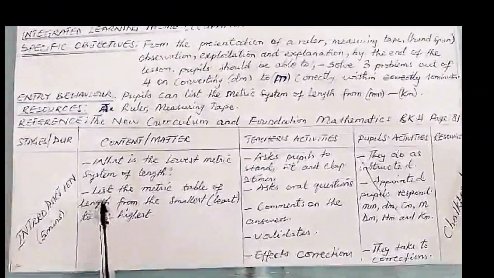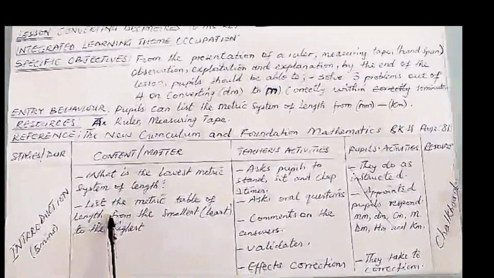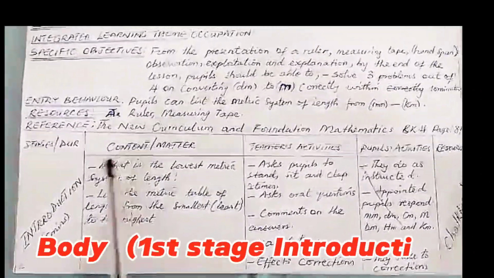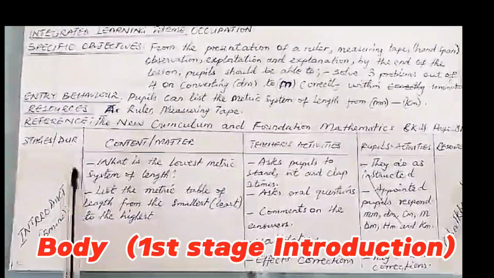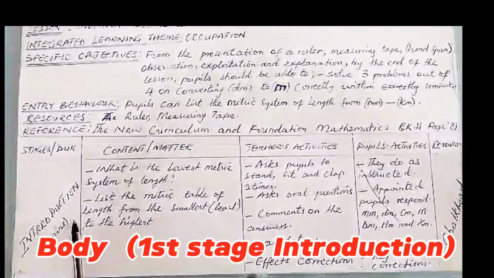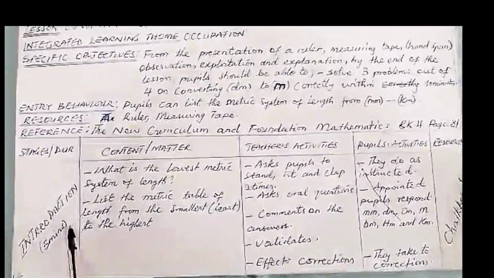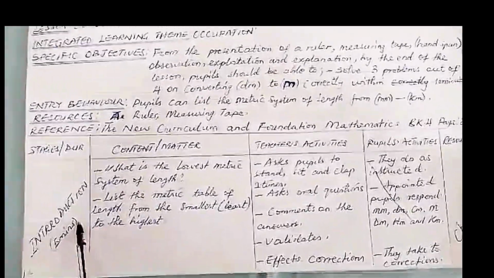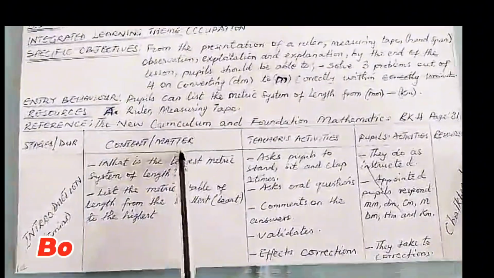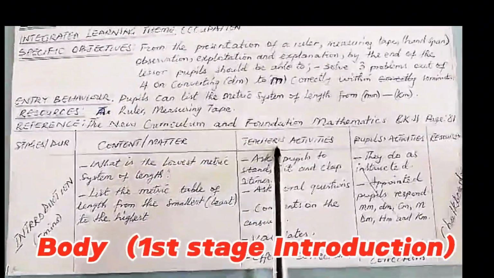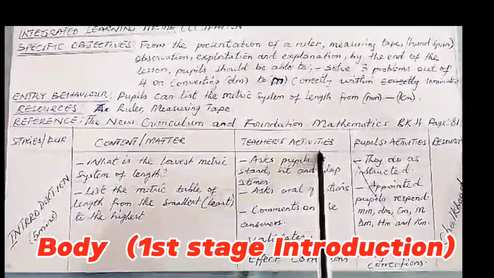Here, the teacher is going to try to find out if the previous lesson taught was understood. So under stages and duration, introduction we have 5 minutes. Content or matter. What are the teacher's activities now?